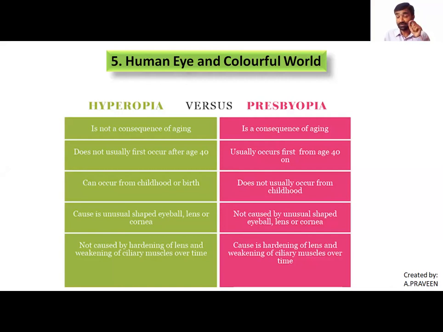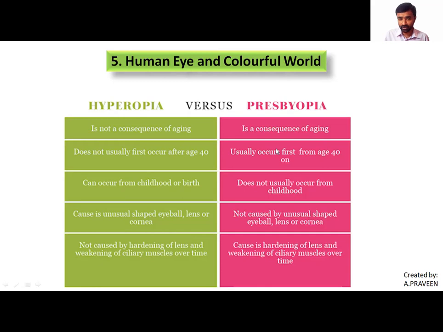So here we have to write the age comparison. Presbyopia occurs above age 40, hypermetropia below 40 years. Hypermetropia may even be from birth, but presbyopia comes only after a certain age.